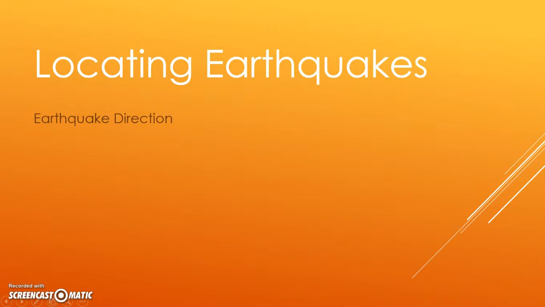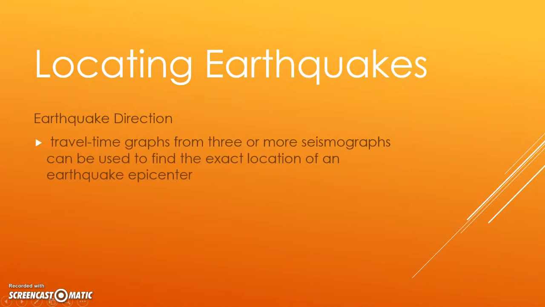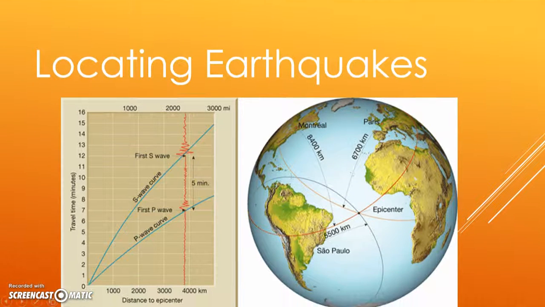So how we locate earthquakes, you need direction. So we look at travel time graphs from 3 or more seismograph stations. And you can use those 3 or more stations to find the exact location of an earthquake epicenter. So for example, if we have an earthquake, and let's say this is our travel time graph.